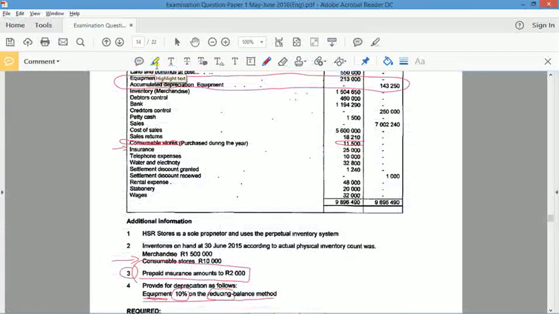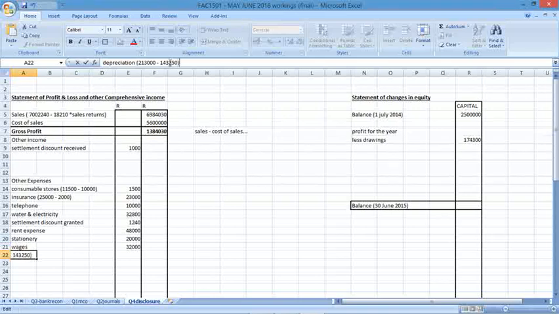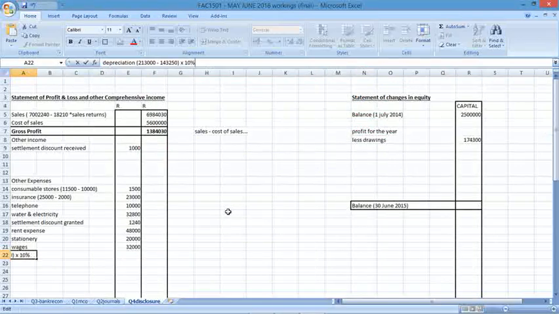What is the accumulated depreciation? It was 143,250, minus 143,250. Then times that by 10% because it's diminishing balance.